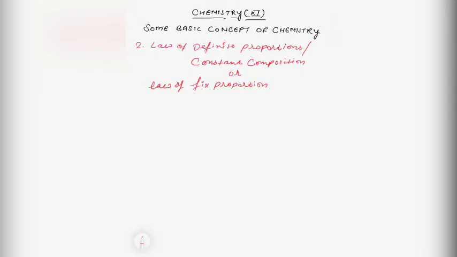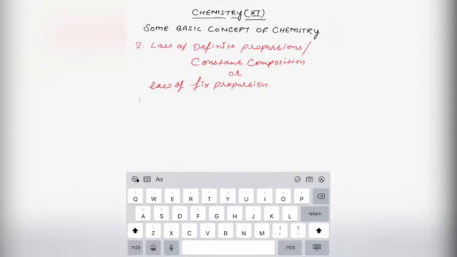This law denotes the fixed composition of the constituent elements in a compound. This law was given by Joseph Proust in 1779.